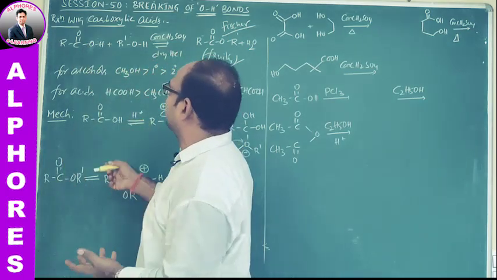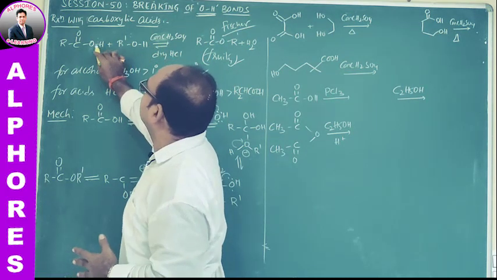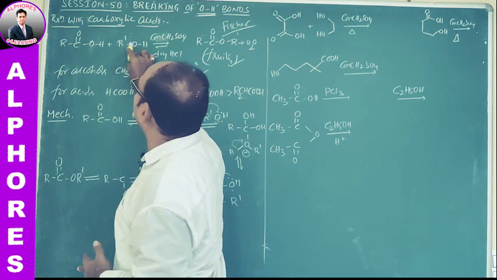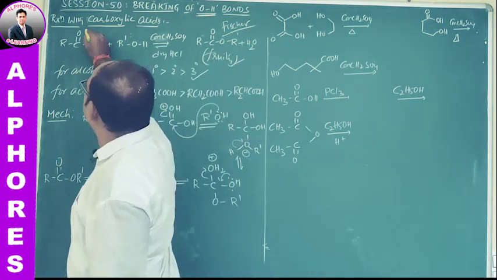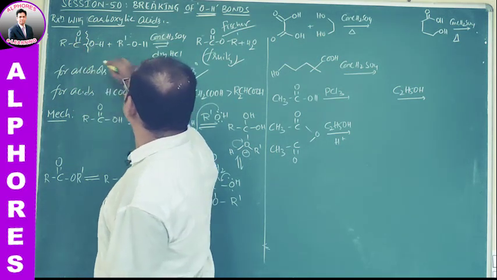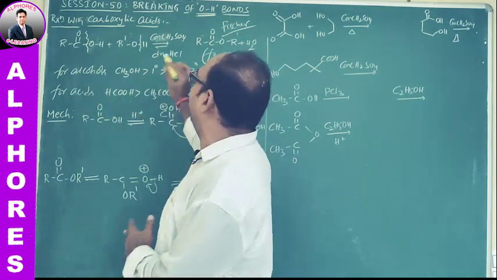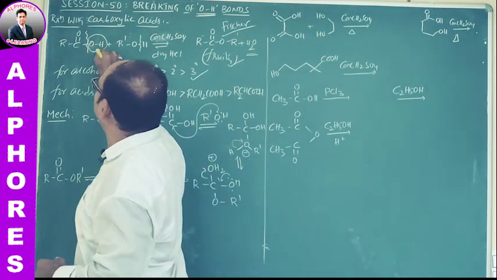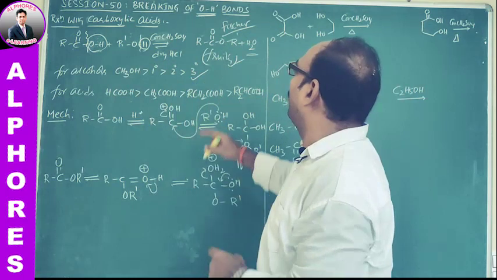Because carboxylic acid has more tendency to donate H plus, we might expect the O-H bond of the acid to break and the R-O bond of the alcohol to break. But actually, if you observe the mechanism, the actual bond breaking takes place between the carboxylic carbon and the OH. That means in this reaction, dehydration, the losing of water, involves the OH group from the carboxylic acid and the hydrogen from the alcohol being removed.